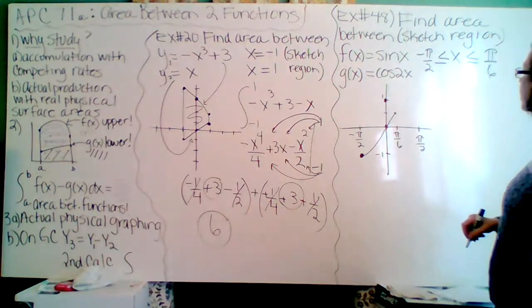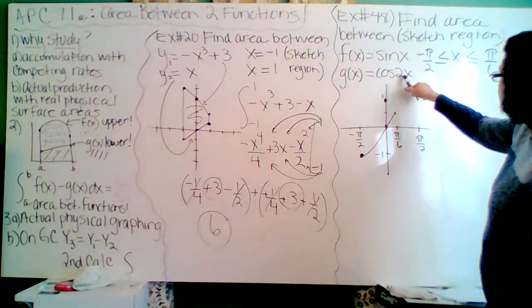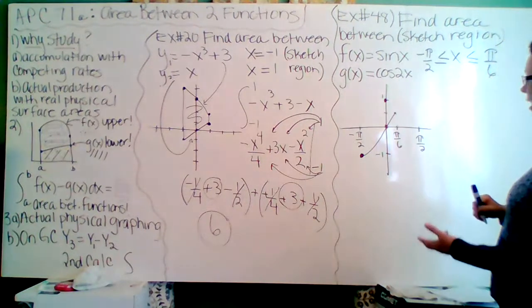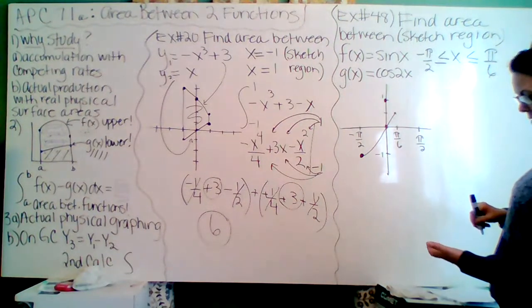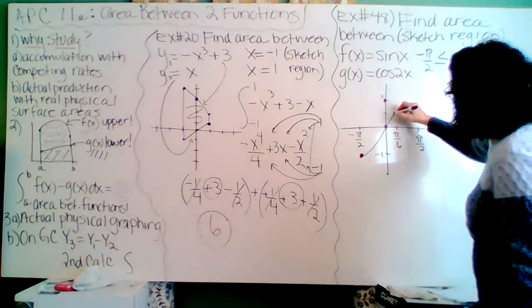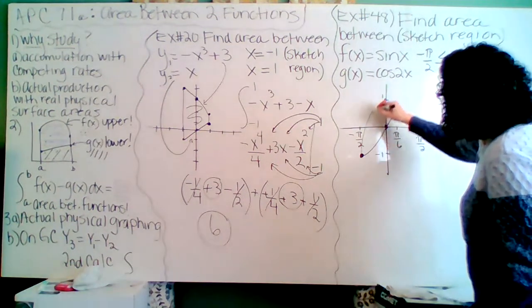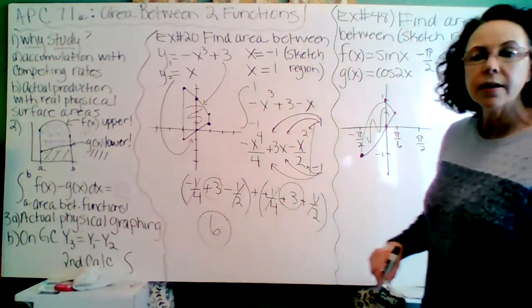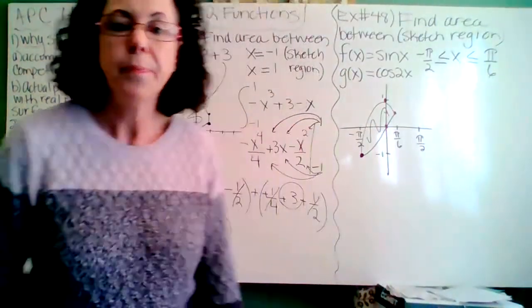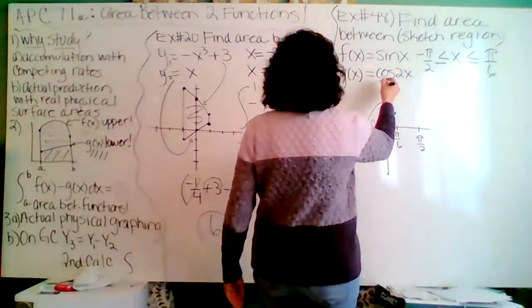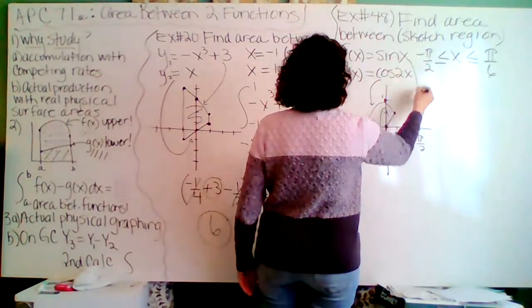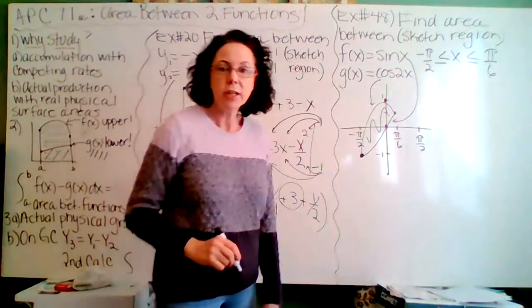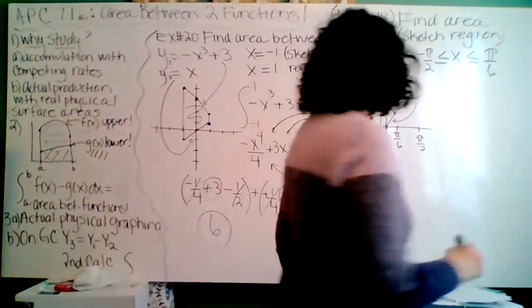And then cosine of 2 times pi/6 is cosine of pi/3, and of course that is 1/2. So they are connecting right here. So here's my region. You just get appropriate points to help yourself out. Notice that cosine of 2x is the upper function and sine of x is the lower function. That matters. Let's set up our integral.